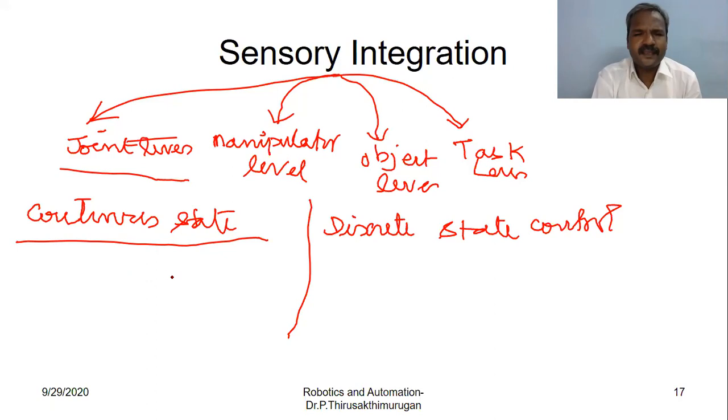A controller is a manipulator to maintain the desired task. So the controller is used to get the output for the set value or set point. Set point is nothing but the desired output. So the continuous state control system regulates about the set point.